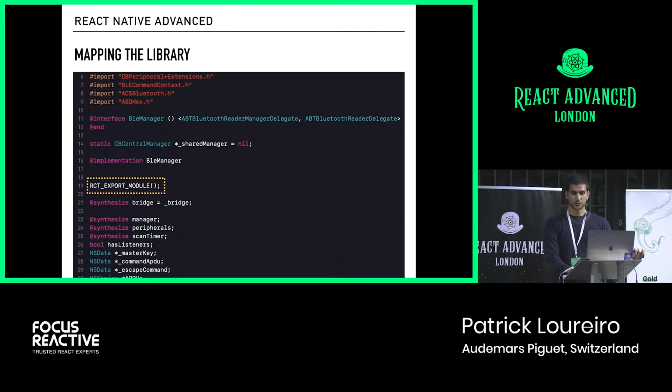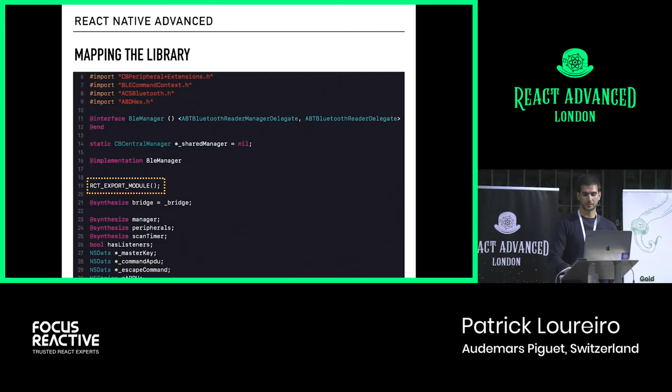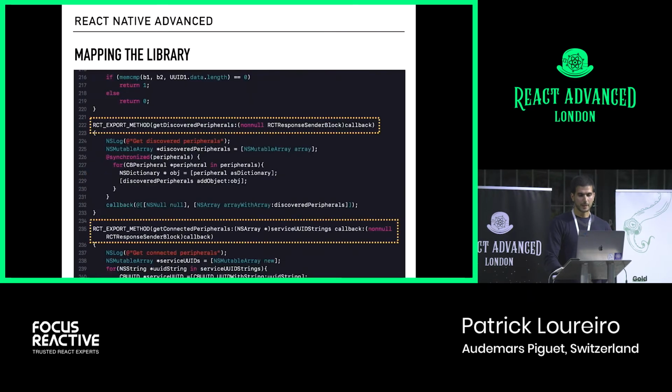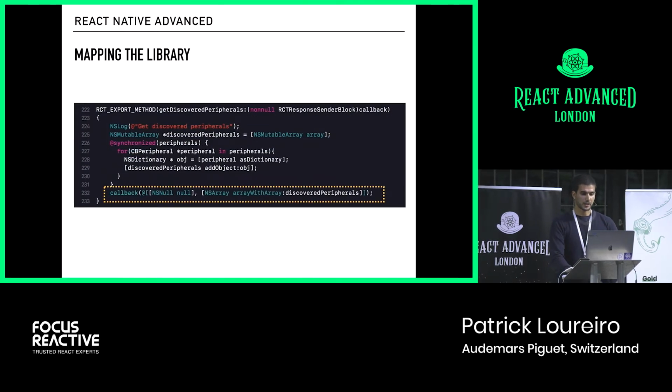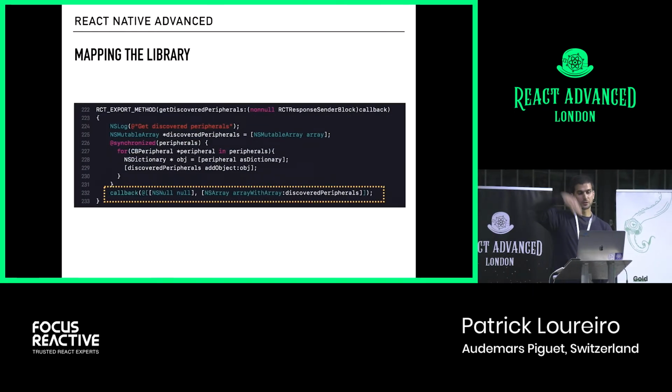Then you export the module to React Native to make it available to the bridge. And then you map the function. Here, the first one is with a callback. We will talk about that ahead. And the second one is also a mapping to get the connected peripherals, and the callback with the response to the JS side of the results.